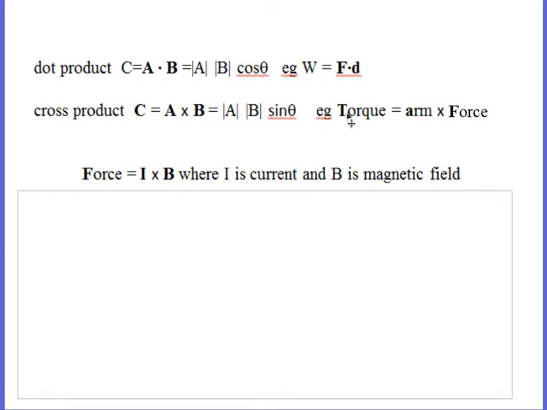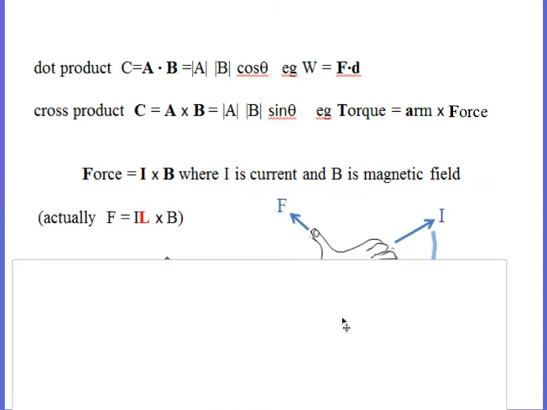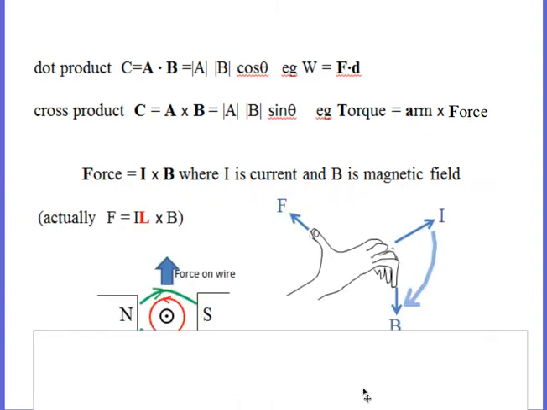And just as we did for getting the direction of a torque out of these two vectors, so too we're going to take your right arm, sorry lefties, and point your right arm in the direction of the first vector, and then turn your wrist until you can wrap your fingers into the direction of the second vector, and then your extended thumb points in the direction of their product.